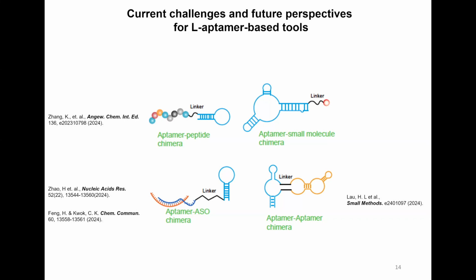So maybe we can convert that to the L form and conjugate with our L-aptamer developed that targets G-quadruplex. So then this can become a G-quadruplex induced turn-on fluorescence. And Kelly has shown that we couple pepper with one of the L-aptamers that targets G4, and we can do both in vitro and in cell imaging or detection and imaging of G-quadruplex.